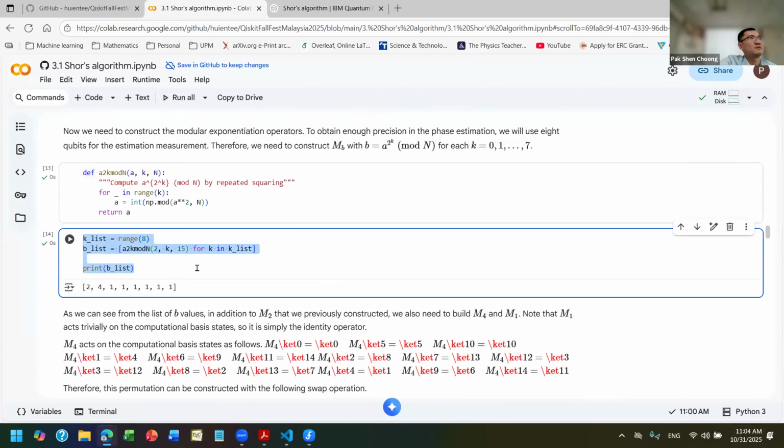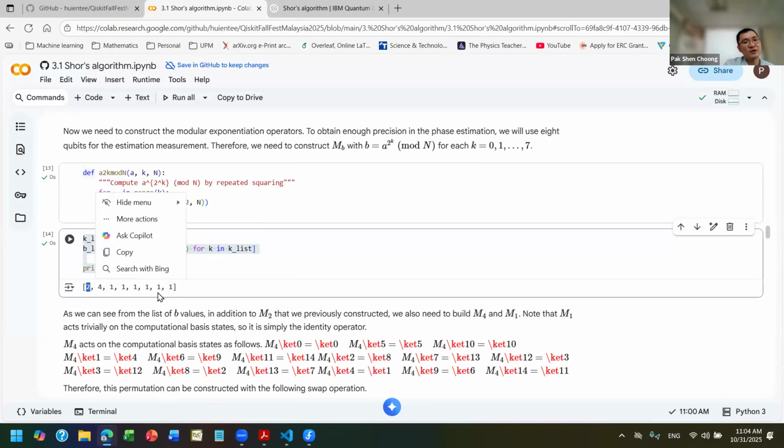So if let's say you have 7 qubits, then you have 7 of these things. So you need to do the M 7 times, unless the rest of it is 1. For A equals to 2, because the rest of it is 1, you only need to do M2 and M4. If let's say it is 7, you might have M7 as the first, M49 as the second, and so on and so forth until it reaches the end.